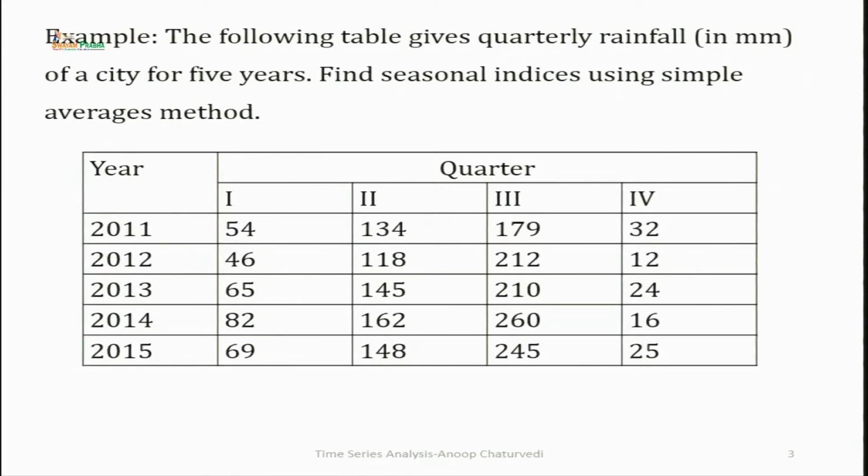Now, we consider a simple example. You have quarterly data for the years 2011, 12, 13, 14 and 15, 5 years of quarterly data, and your objective is to find the seasonal indices using the simple averages method.